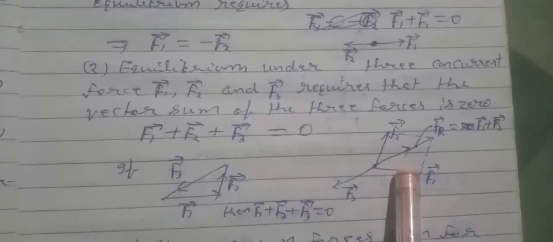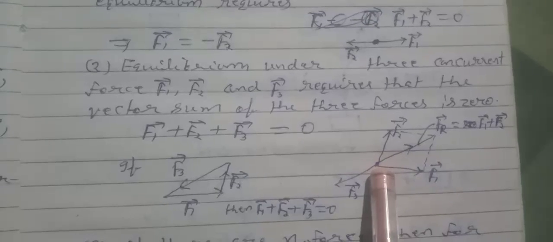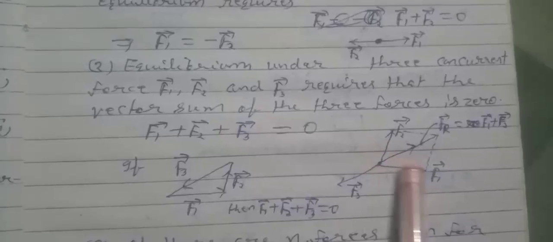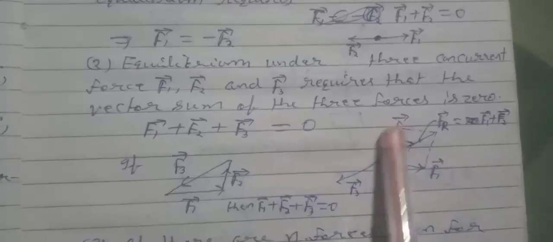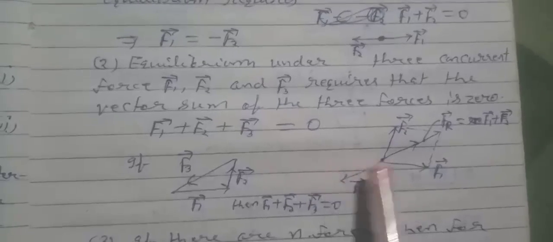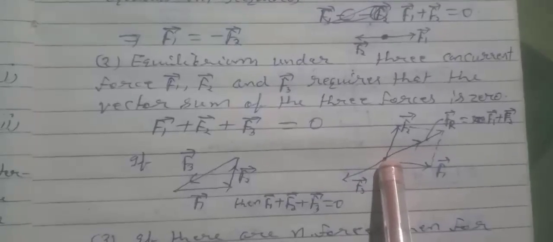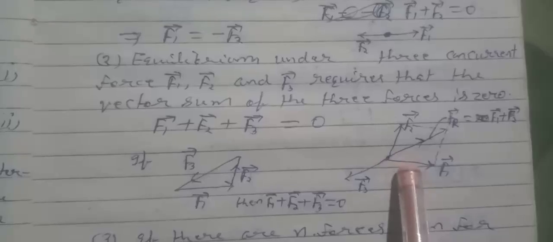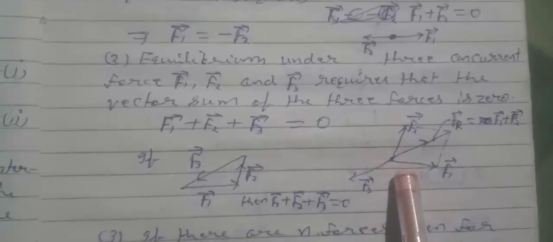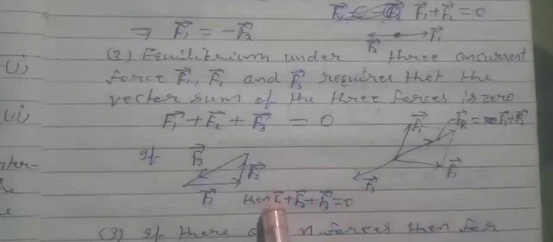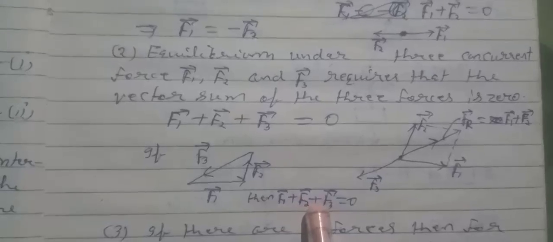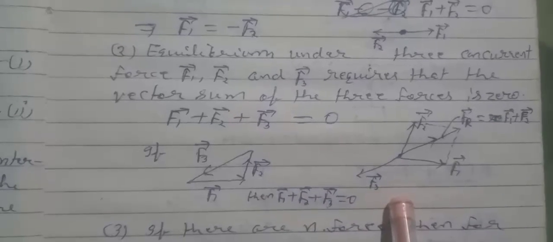Here three forces are in equilibrium and these three forces act at this point, one along this direction, one along this direction and one along this direction. Now because the particle is in equilibrium, their vector sum must be equal to 0. So we can write F1 plus F2 plus F3 equals 0.